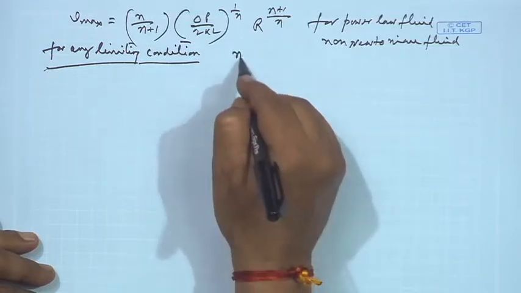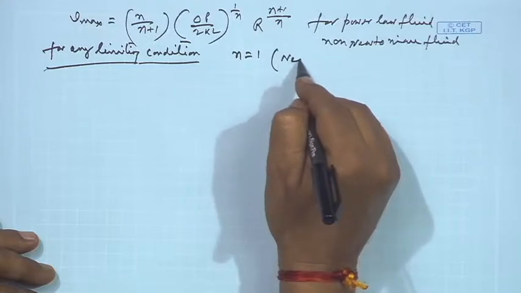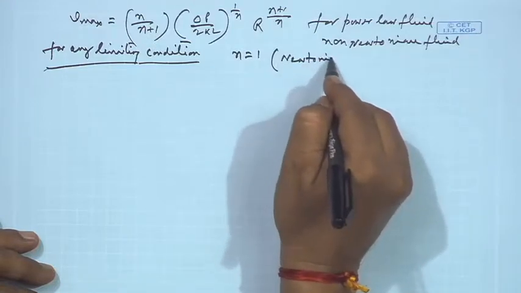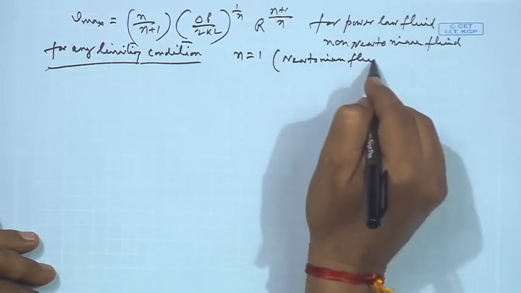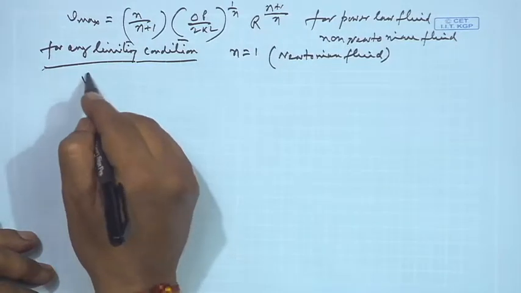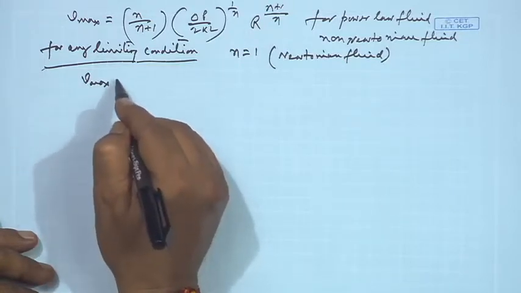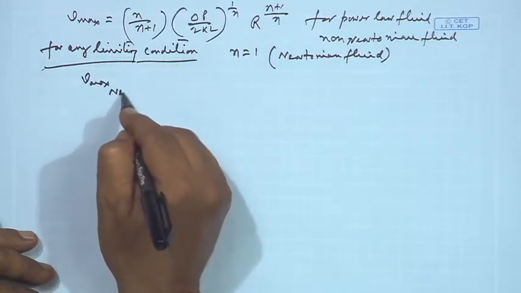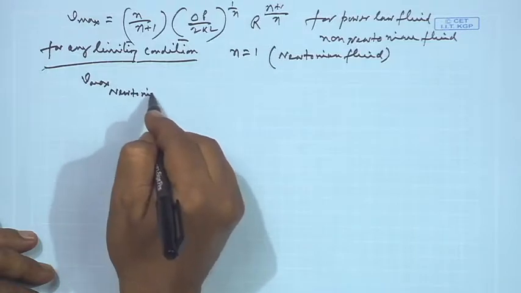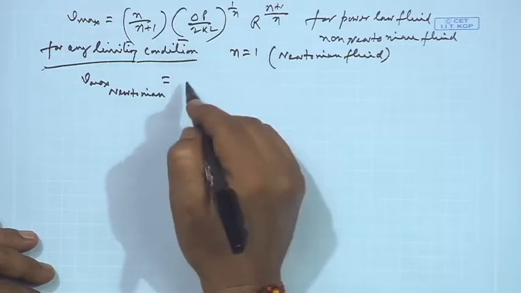Limiting condition is n is equal to 1, that is Newtonian fluid. So, v max we can write for Newtonian fluid, that is n is 1.